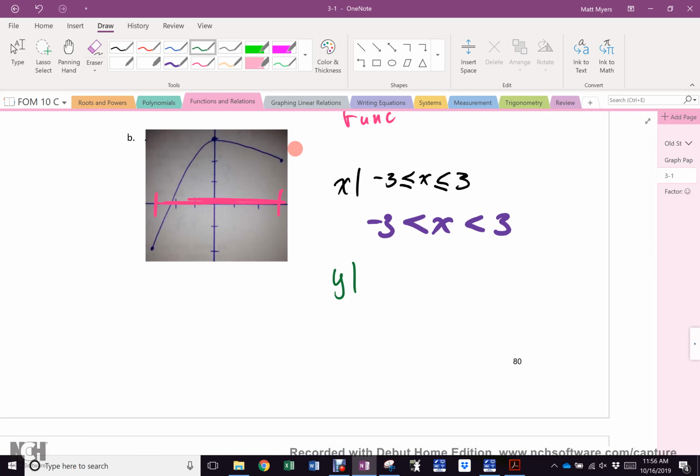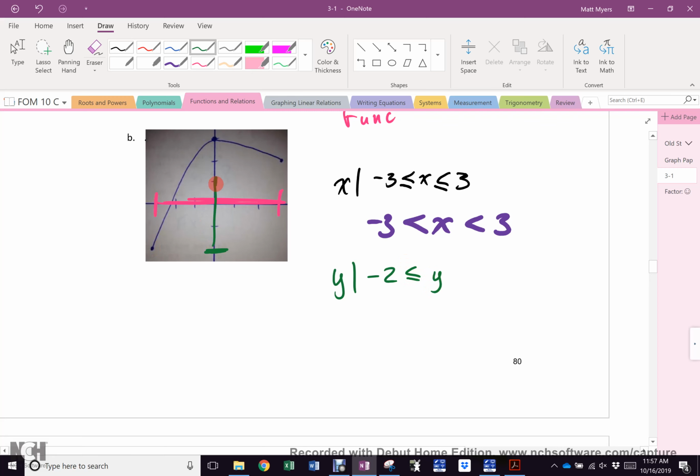You guys all have y's. What is the lowest y value? -2, right there, yes? So what do I write first? -2. Is that dot colored in? So it is less than or equal to what? Y, because I'm counting y's now.